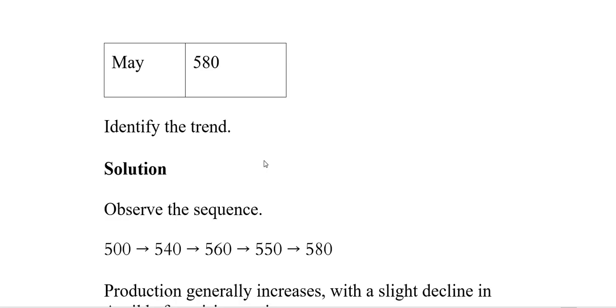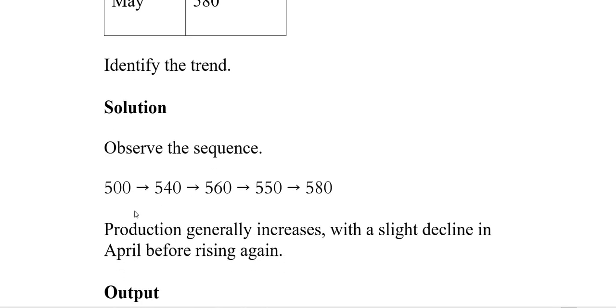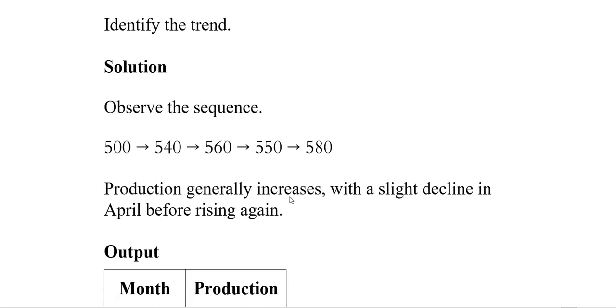Now let us find the trend. First we have to observe the sequence: 500 and it is continuously increasing, right? 500 to 580. But there is a decline in the month of April, right? Production generally increases with a slight decline in April before rising again.